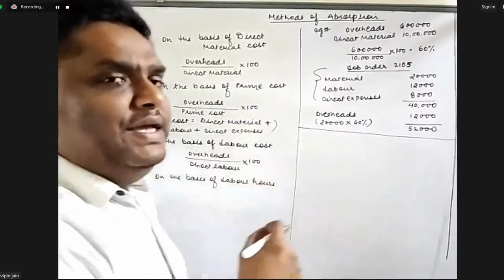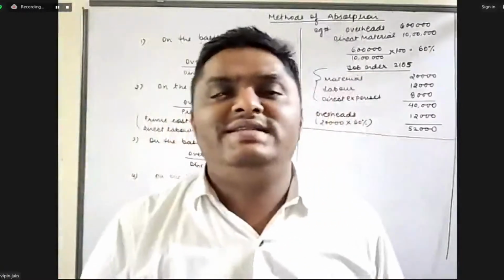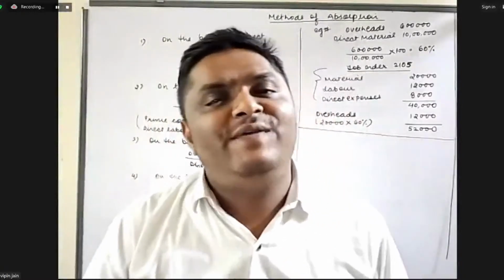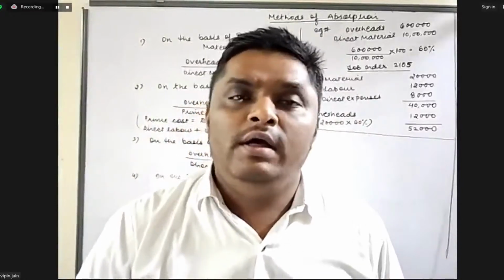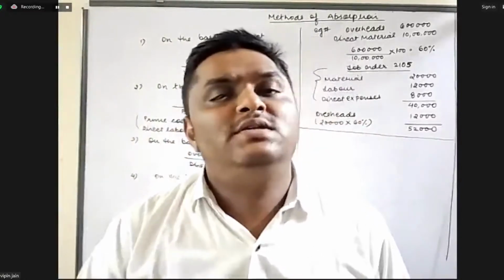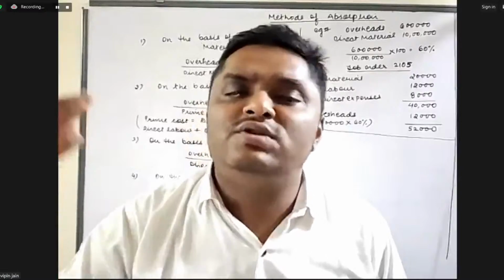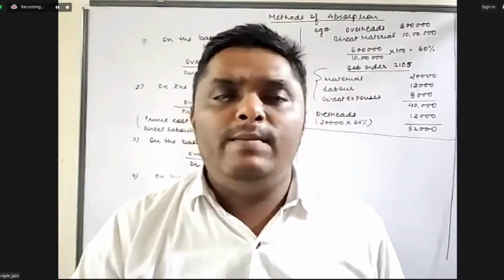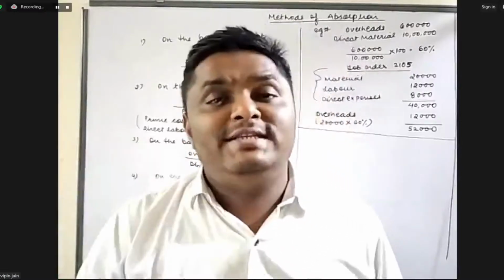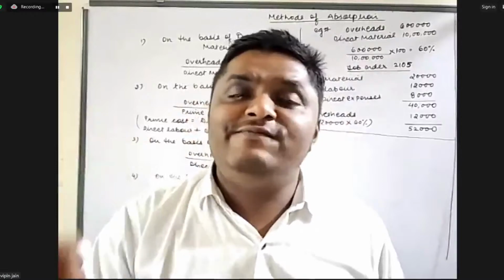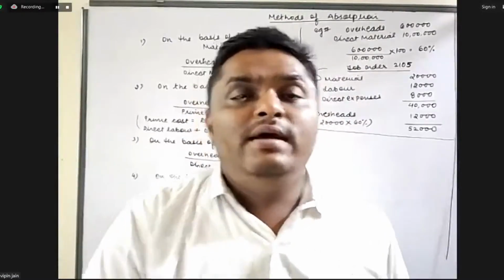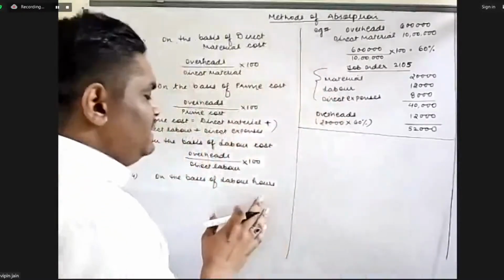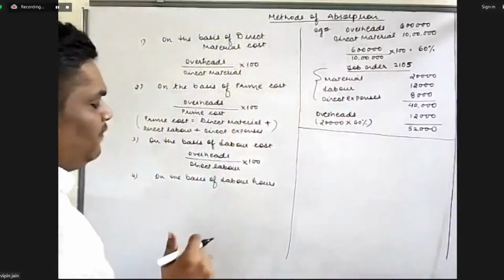In 99% of cases, the examiner will specify the method of absorption of overhead. That is, you have to absorb either on the basis of machine hours or labor hours or direct material cost or prime cost. But if by any chance the question is silent, then the direct labor hour is the best method for absorption of overhead.